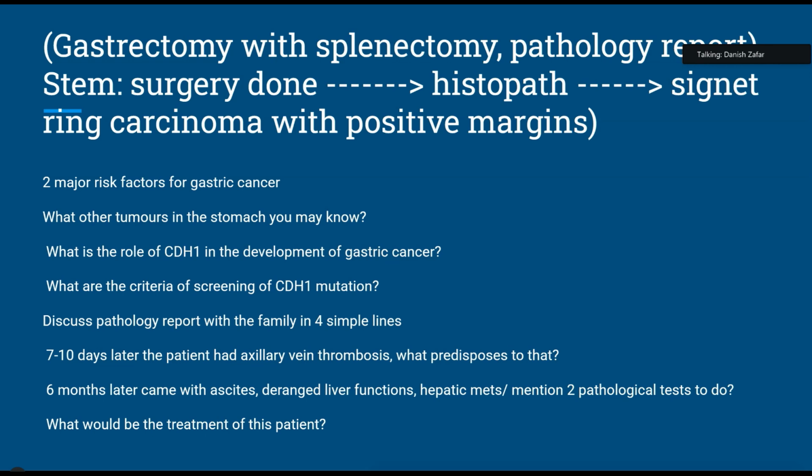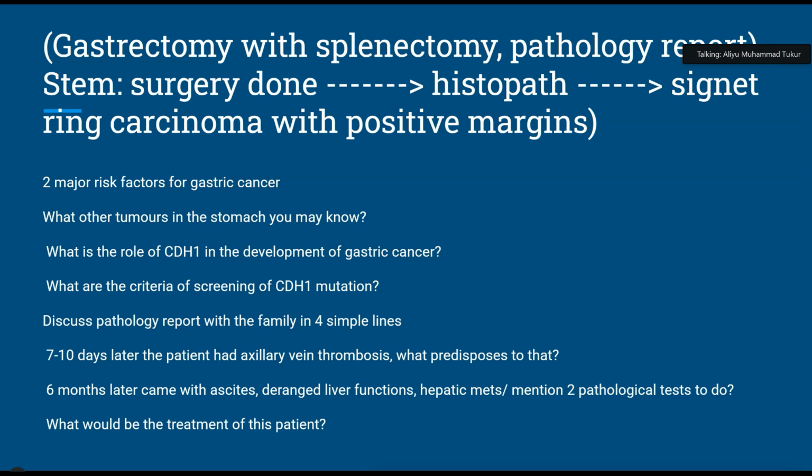Okay. So discuss the pathology report with the family in simple words. Okay, for this patient, I'll tell the family that the patient has cancer of the stomach, and the cancer has spread beyond the stomach.